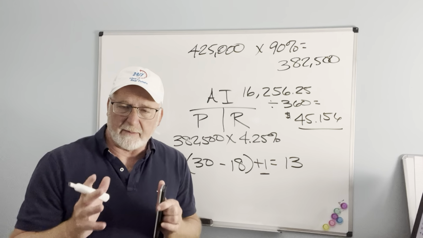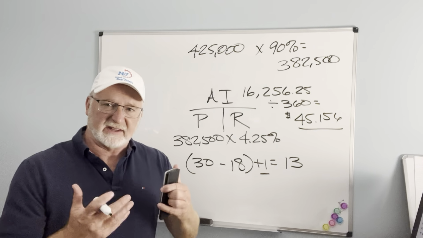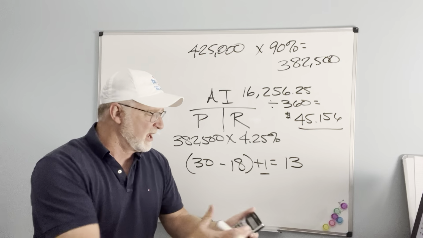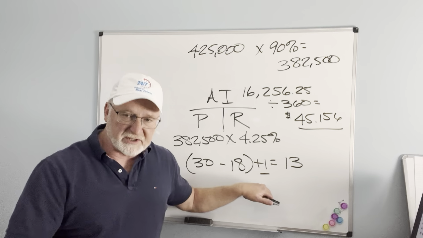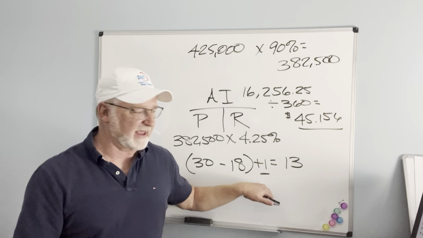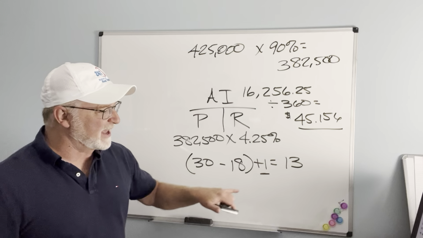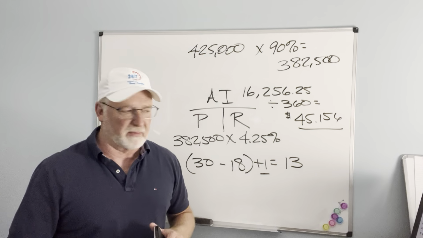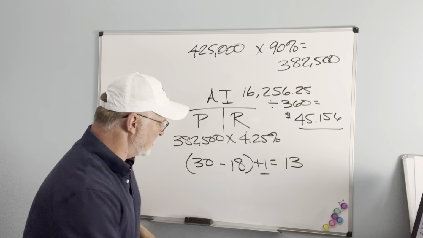The lender wants to get paid for every day that you own the property. Typically, the seller pays for the day of closing, but the seller has nothing to do with the buyer's new loan. So somebody has to pay that interest to the bank, and the buyer does that. So 30 minus 18 plus 1 equals 13 days.